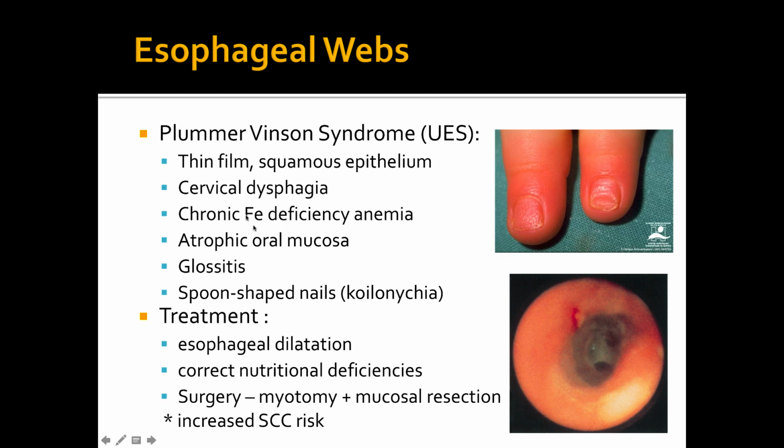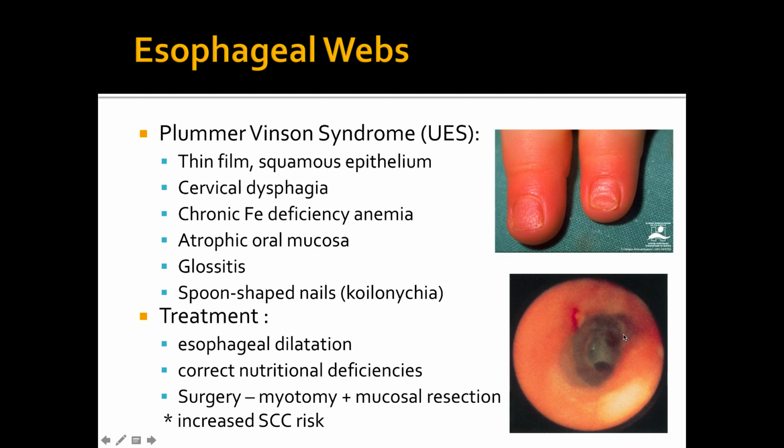As far as esophageal webs go, this is basically a medical disease, but it is quite interesting. It's Plummer-Vinson syndrome, where patients will have a thin film of epithelium in the esophagus, and just by doing an endoscopy you can break this film.